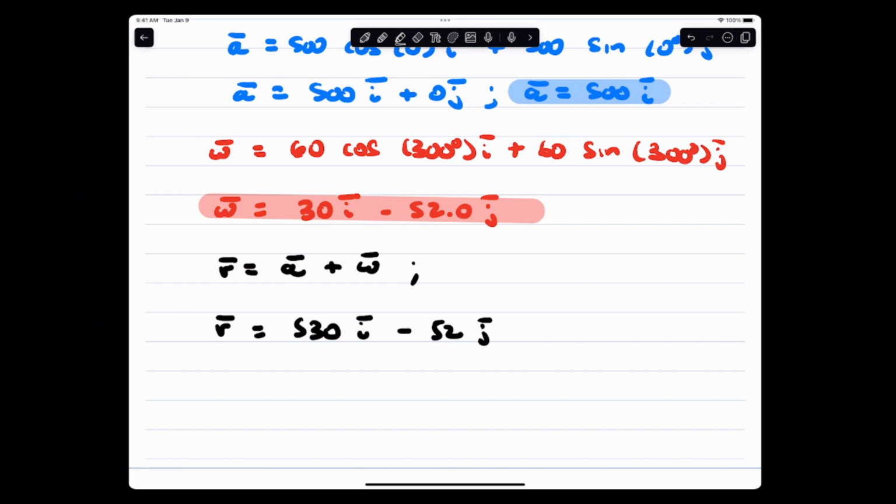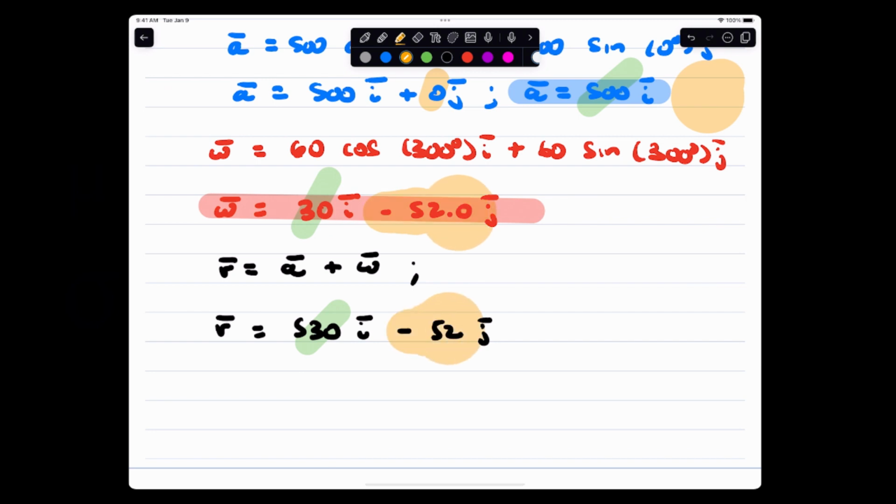And you might say, how did we do that? You took the 500, the horizontal component for the A vector, and you added that with the 30 to get that 530. It's right in here. Is that true? And then you might say, well, there is no what? There's like a 0. What is 0 over here minus that 52?